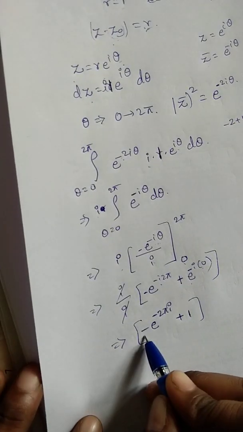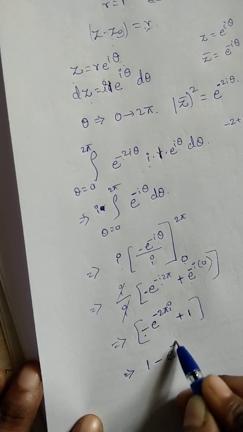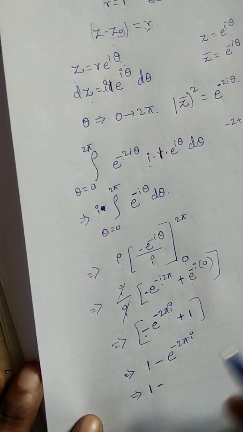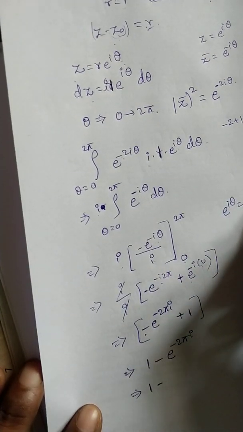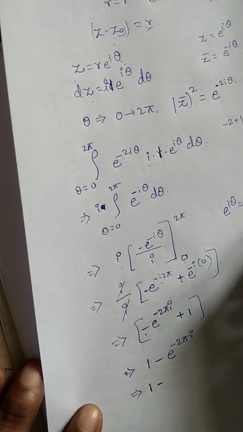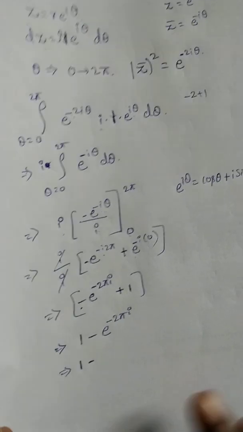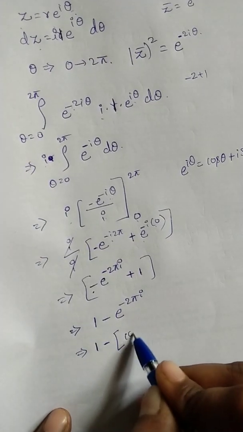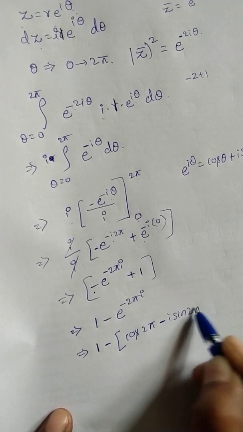Now when you take negative out from this one, it will be like 1 minus e power minus 2 pi I, which implies 1 minus e power I theta can be written as cos theta plus I sin theta. Okay, e power I theta can be written as cos theta plus I sin theta. So here e power minus 2 pi I can be written as cos 2 pi minus I sin 2 pi.